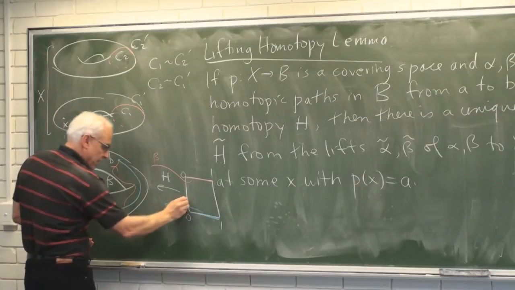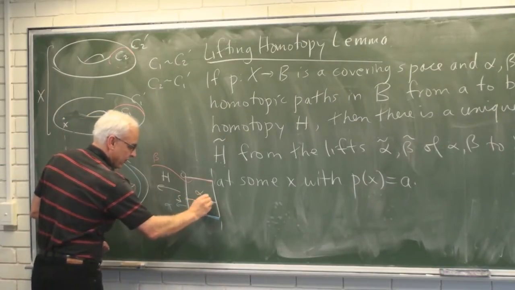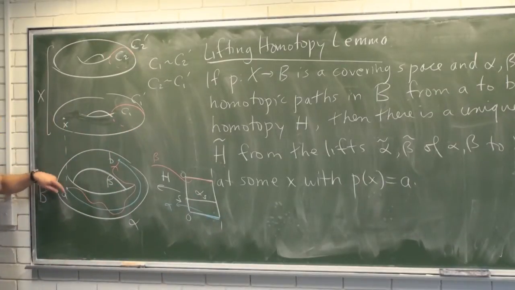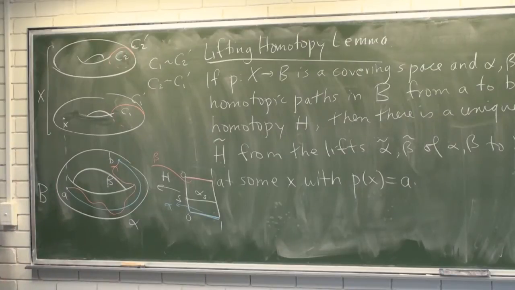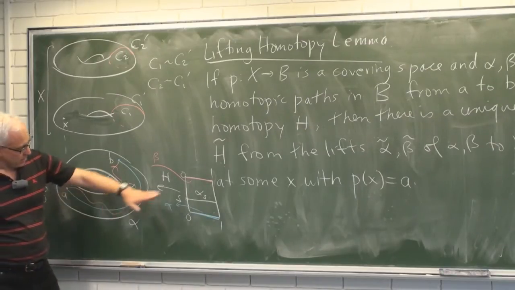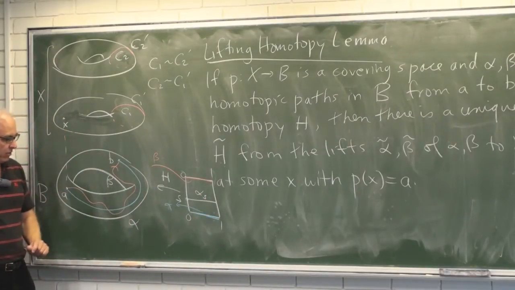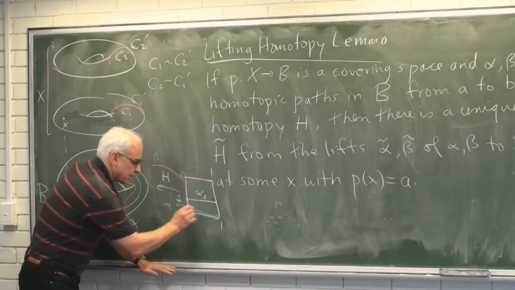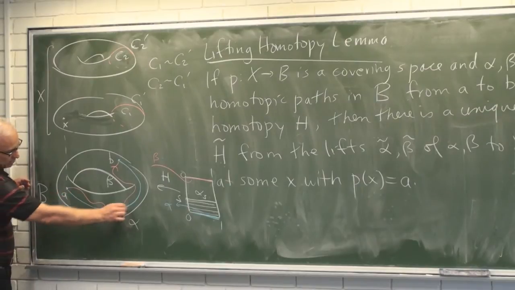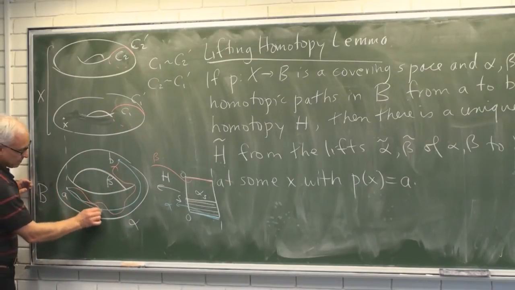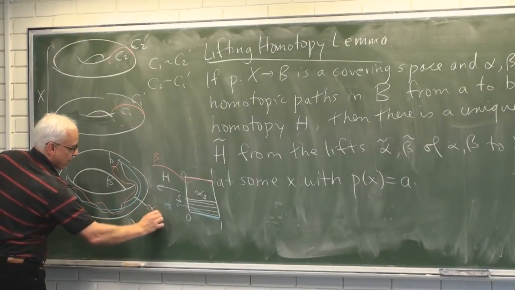And for every intermediate value s, we have an intermediate path, say alpha sub s, which is part of the movie going from alpha to beta. So the way we read a homotopy is this. If we go along the base here, then we get the path alpha in blue. As we go along these successive horizontal paths, we're getting intermediate paths that are somehow between the blue one and the red one. For example, maybe something like this. So that might be alpha sub 0.5.